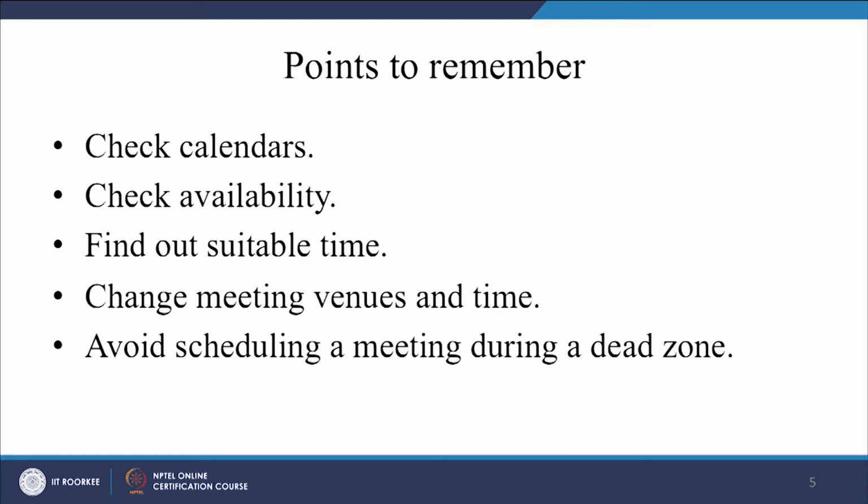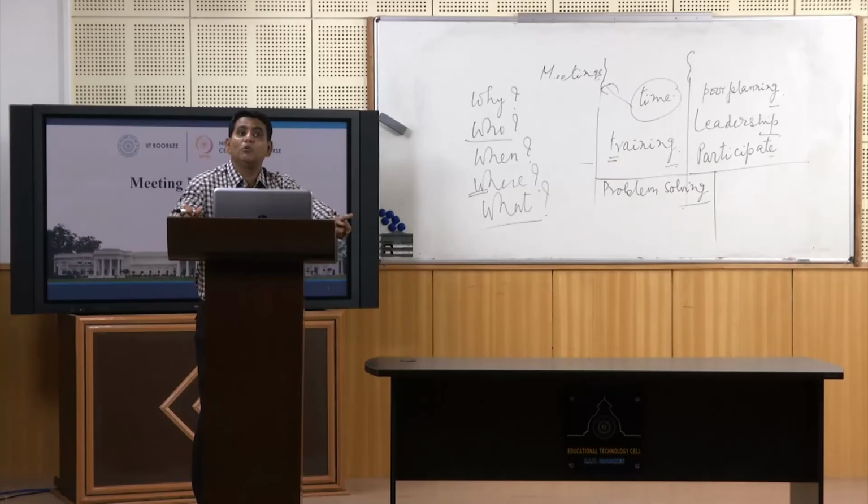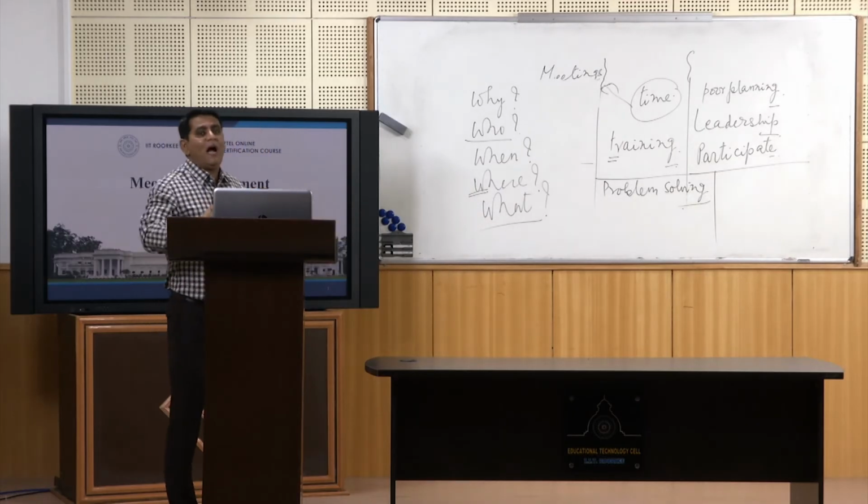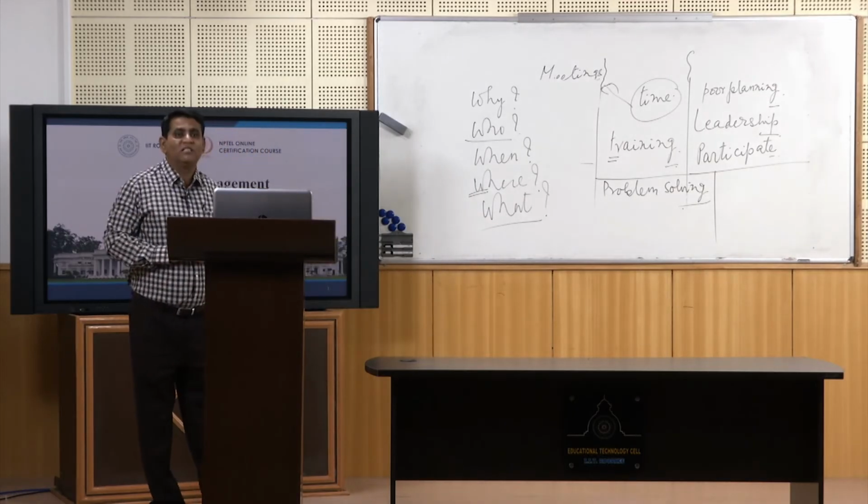And in order to understand the convenience of the people, you will have to check the availability of the people. There may be a person who might be very important to this meeting, who might know the particulars of a particular department, and his presence is very important, but he is out of town. So it is always better to take his or her convenience first, and then also take other people's convenient time.